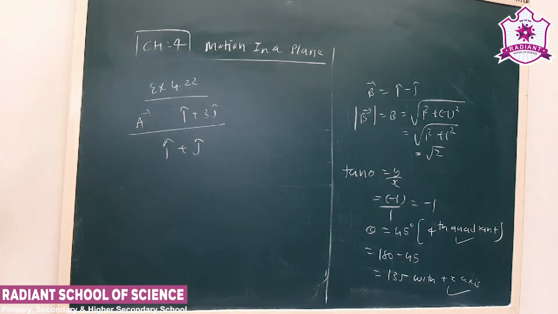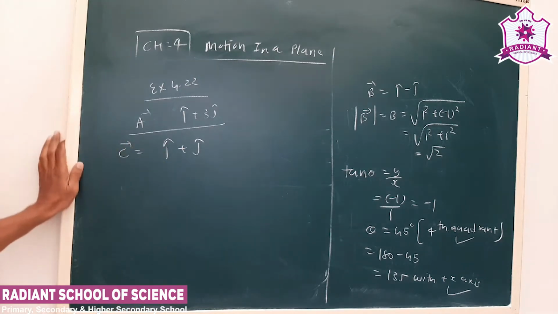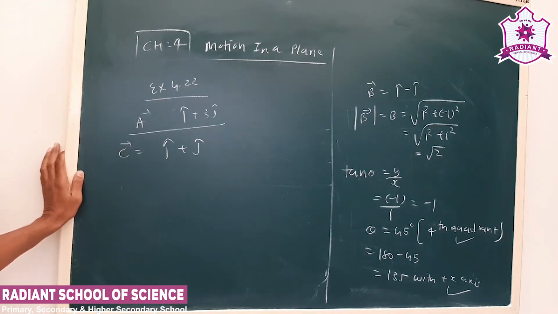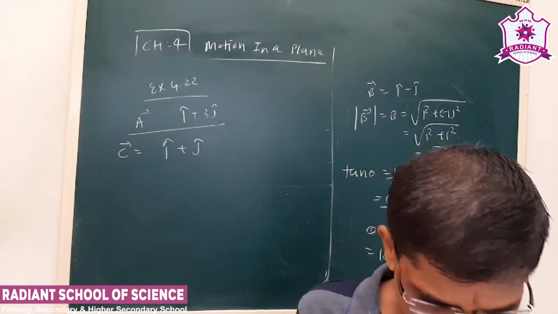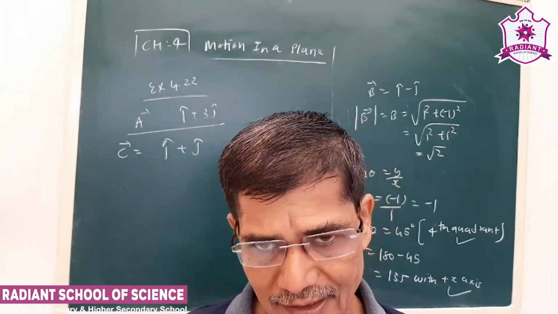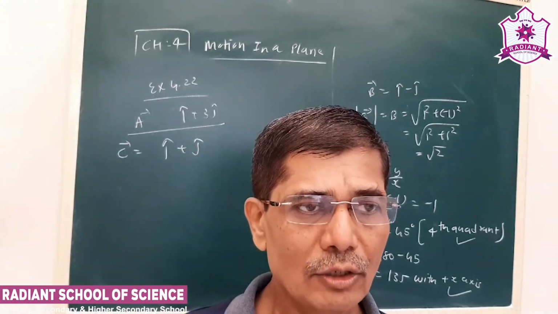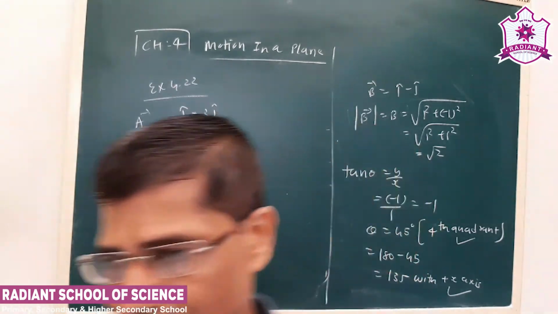Okay, now for simplicity, let us say C is i plus j. What we have seen earlier: the component of a vector in any direction is equal to the product of the magnitude of the vector and the cosine of the angle made with the direction.